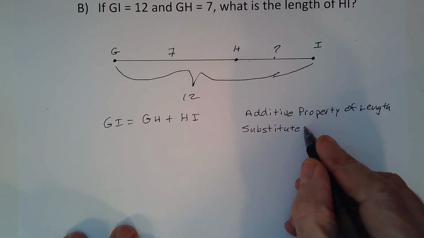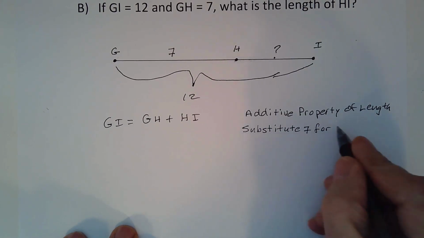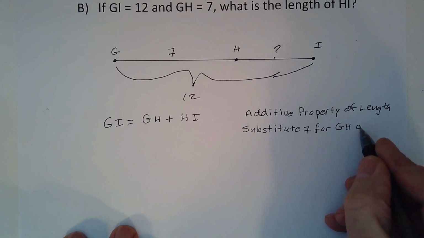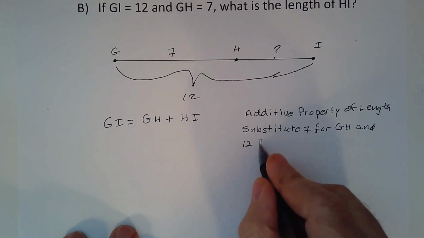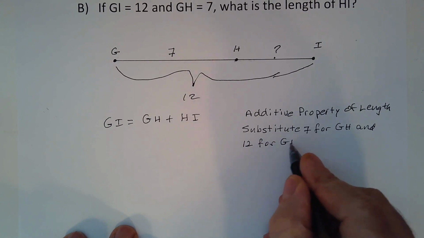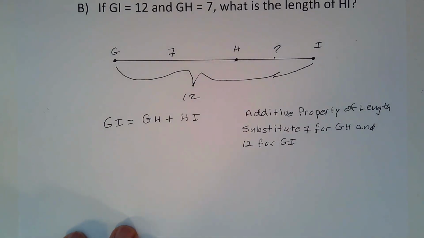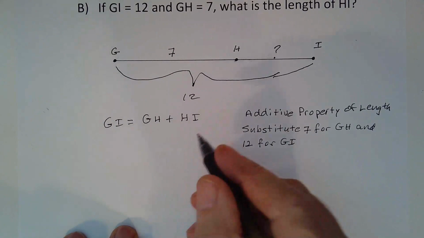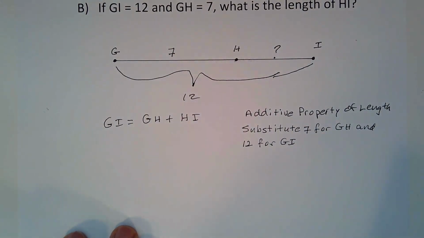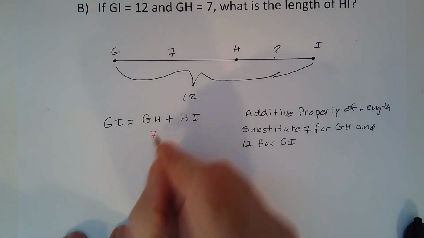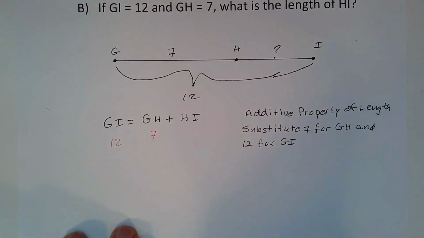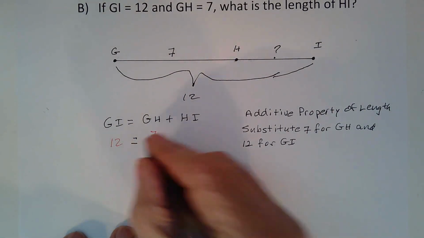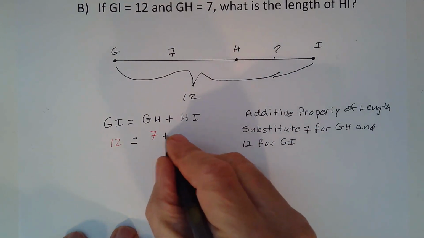So GH is 7, let's write that over here, and GI is 12. We don't know what HI is, so we just leave it in there.